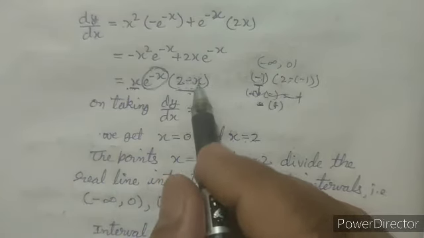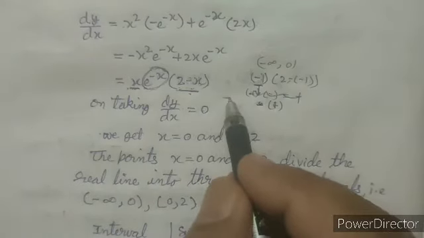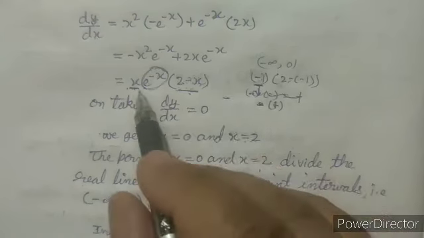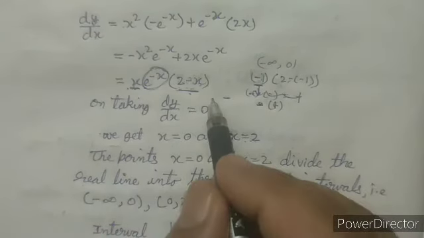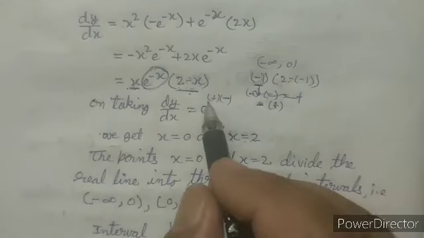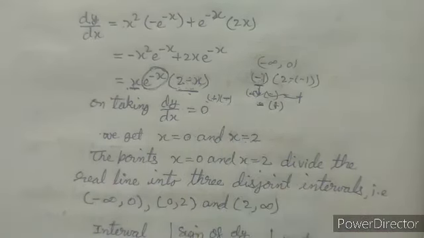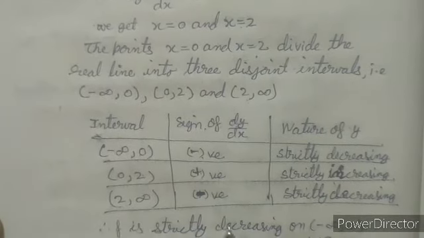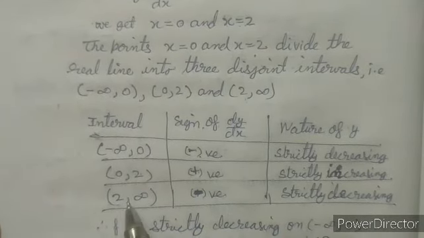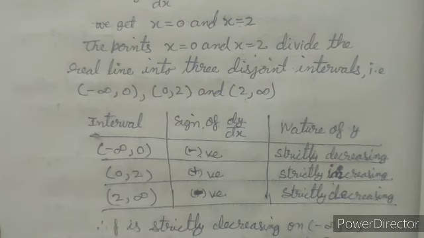That means the sign of 2 minus x will be negative, and the sign of x was positive in interval 2 to infinity. That means the sign of dy by dx will be positive into negative, and that will be negative. Thus, y is strictly decreasing in interval 2 to infinity.